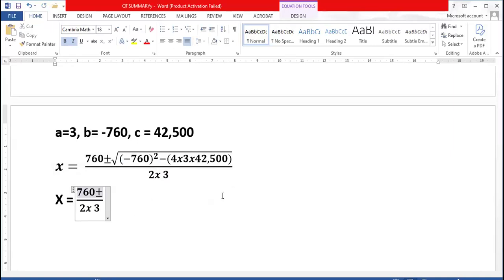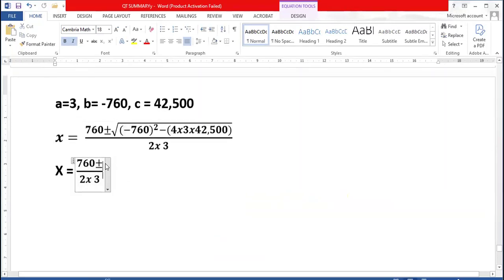You guys all get your calculator. Get 760 squared on your calculator. Don't put the negative, because a negative times negative gives you a positive. So simply get 760 squared minus.